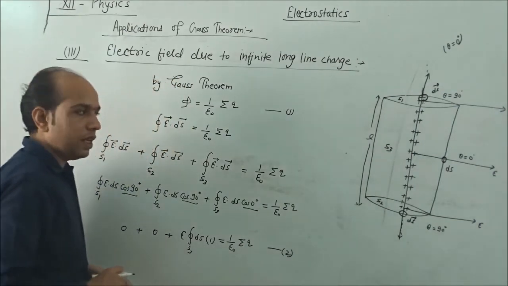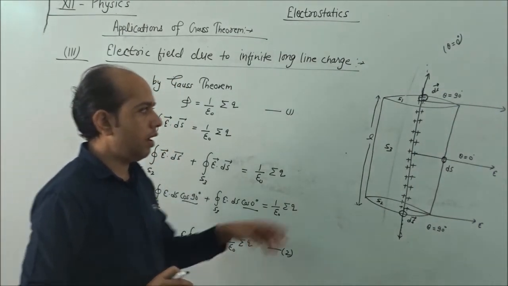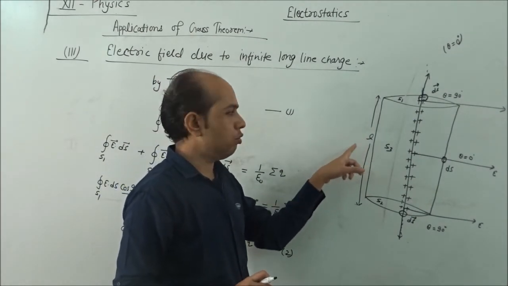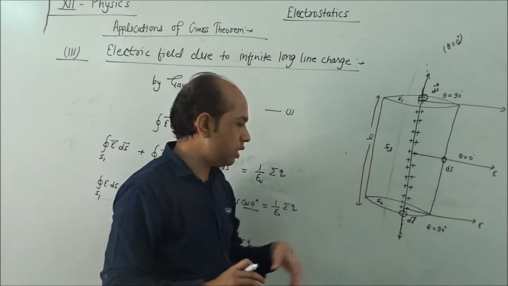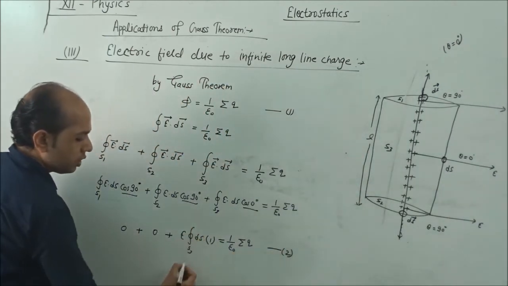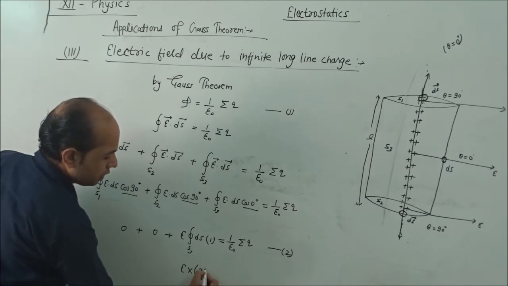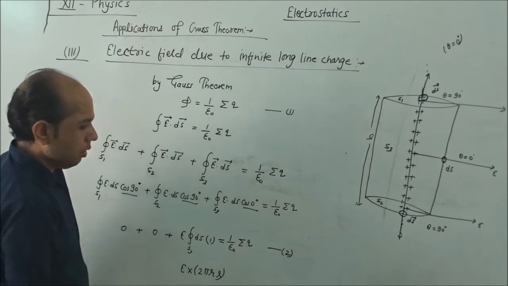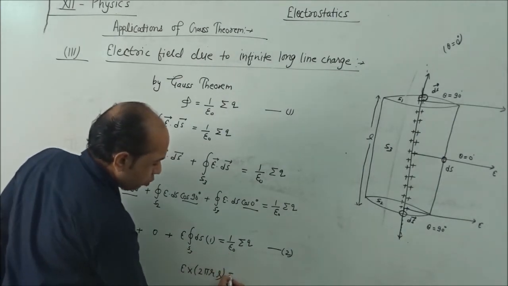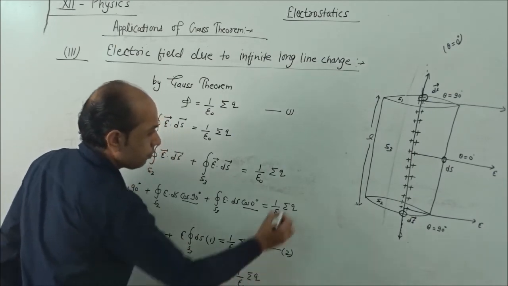So the curved surface area is represented by 2 pi r h. Here h is L, so 2 pi r L. This is the curved surface portion of the cylinder. So this integration of ds is replaced by the curved surface area, that is 2 pi r L. This equals 1 upon epsilon naught and summation of q charge.